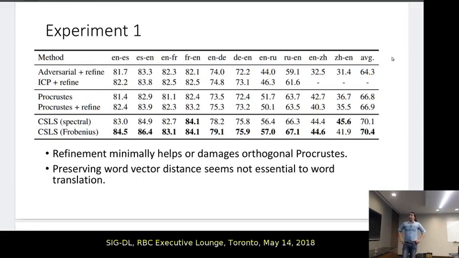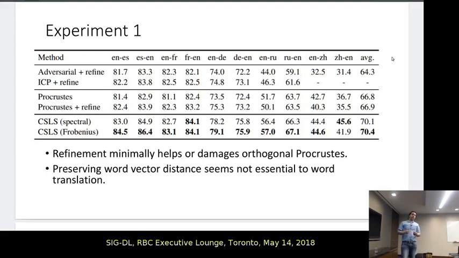Okay, so experiment 1. Those are the methods. The previous method that we talked about, CSLS, that this method heavily relies upon, uses adversarial networks. I have a slide at the end where I'll show you the details, but it's basically you have a discriminator that tries to say, oh, this is from your target domain or from the source domain.